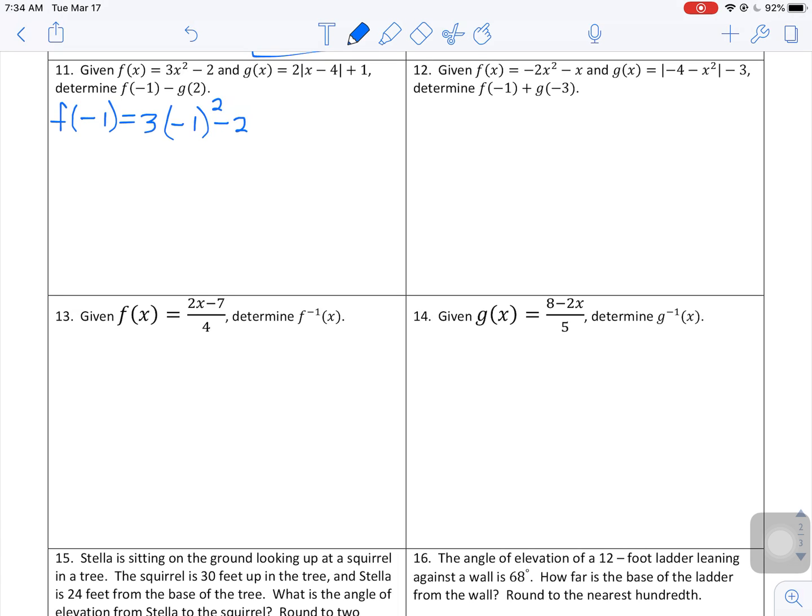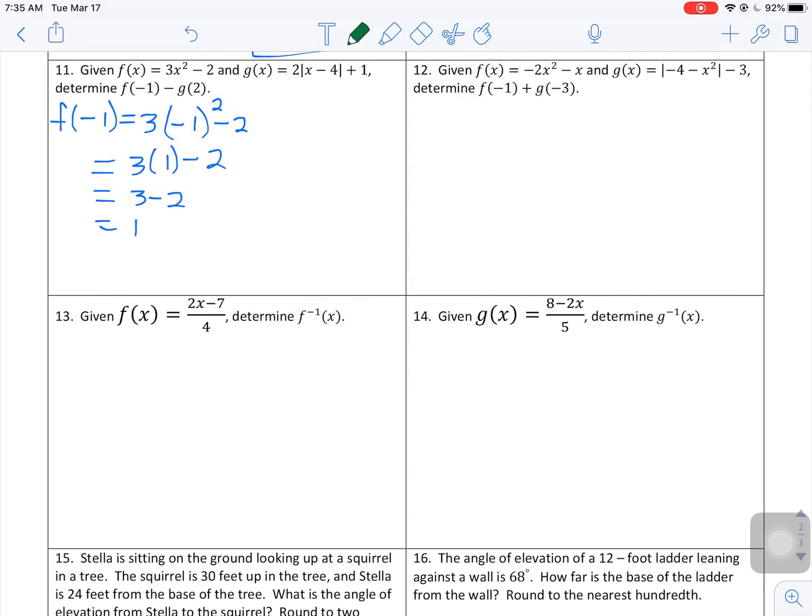And then I need to follow order of operations when I'm simplifying this problem. So exponents come first. So 3 times -1 does not happen first. You need to do -1 squared is 1, like that. And then you can multiply next. So 3 times 1 is 3. And then 3 minus 2 is 1.